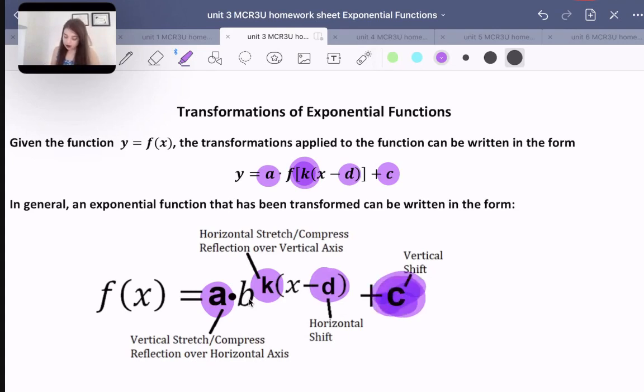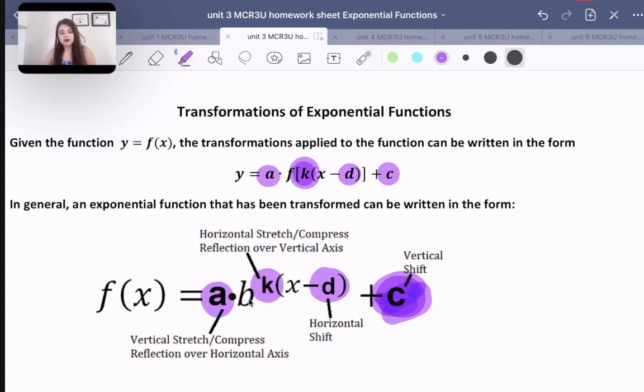If you are unfamiliar with exactly how these work, I do recommend reviewing that last transformations video, as we go into more detail there. At the end of the day, this is just another variation of one of the things that we've already done, which is the good news. A, k, d, and c are no different now than they were before. It's just a new type of function we're using.